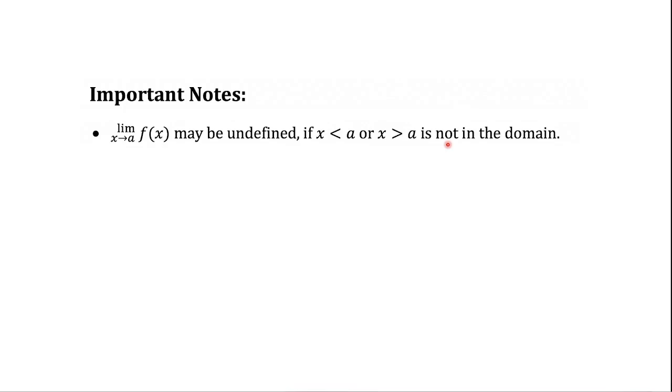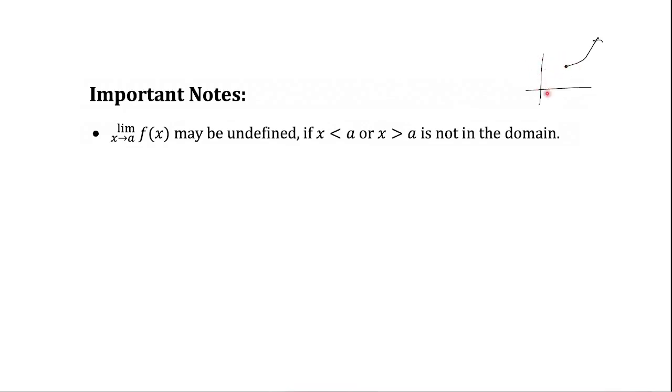For example, if we have a function, and let's say it's a piecewise function or even just a function that is only defined after a certain point, then the limit at that point is going to be undefined because, for example, in this case, the left-hand sided limit here doesn't exist.